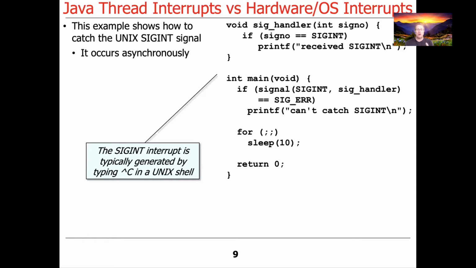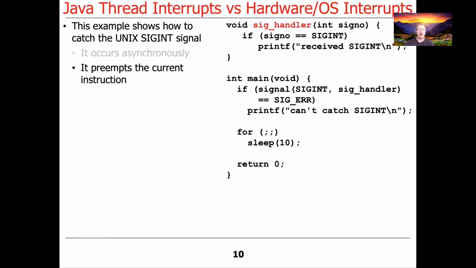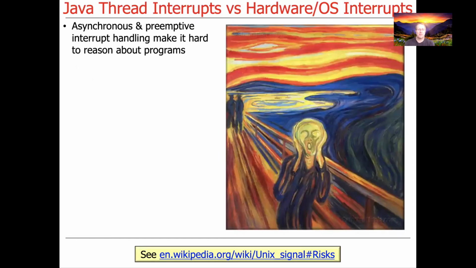If, while this program is running, Control-C is typed on the terminal or the console, that will cause the signal handler function to automatically be called back by the underlying runtime of the operating system. In this case, it just prints out "received SIGINT". That will preempt the current call and then handle the interrupt. You don't have to test for this explicitly, you just do it.